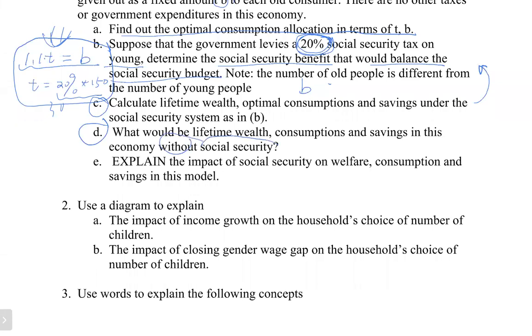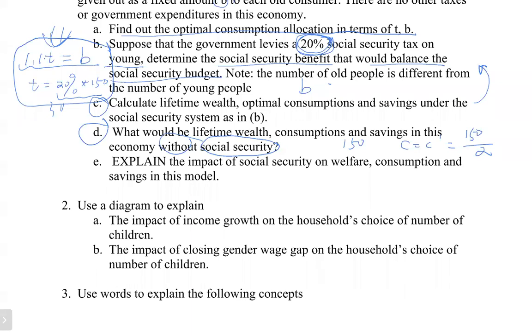I already told you: you have 150 lifetime wealth without Social Security, and C equals C prime equals 1/2 times 150. From the calculation we just had, you can see that under Social Security, you can consume more compared to the case without Social Security.